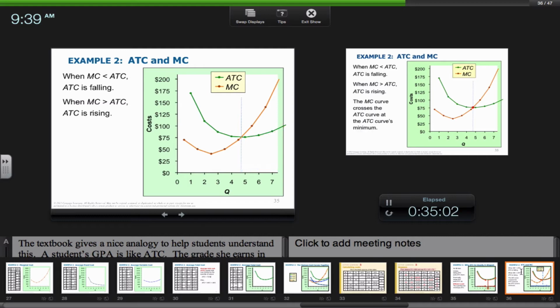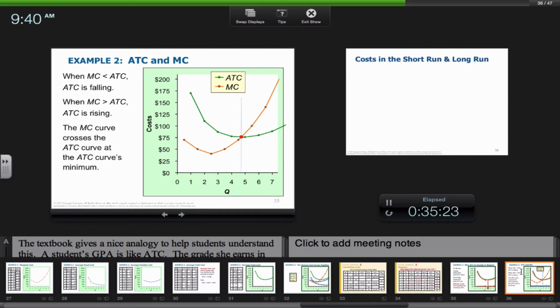So, what's the conclusion? Where marginal cost crosses average total cost, that point is what? It's the ATC minimum.